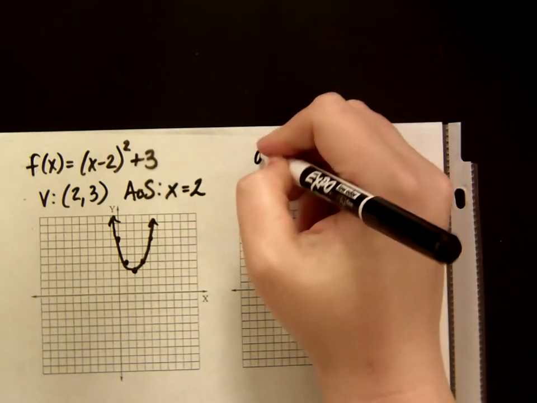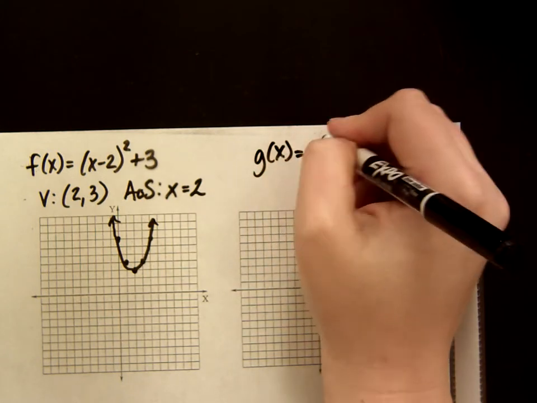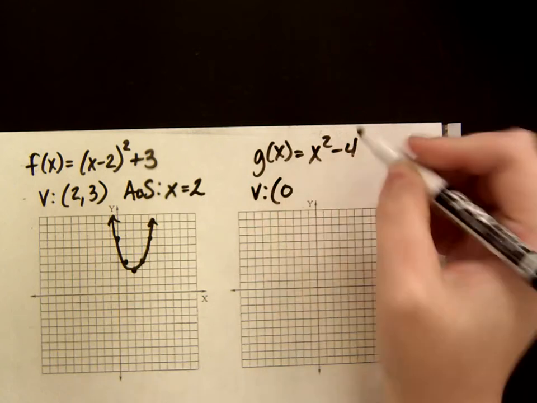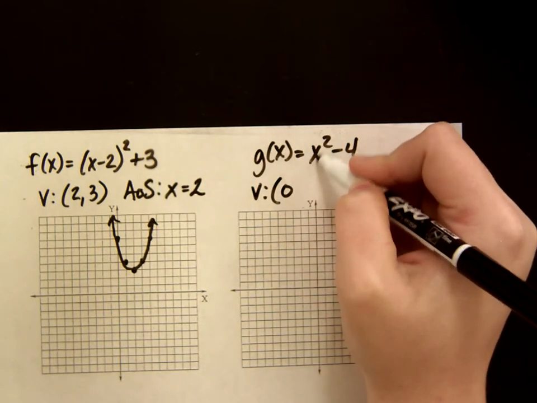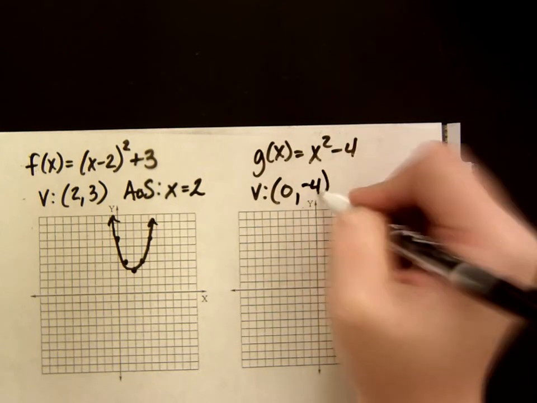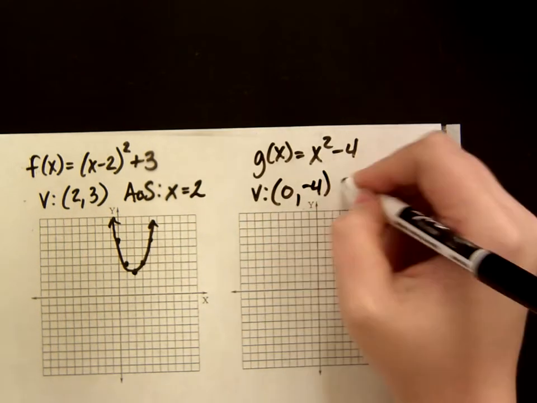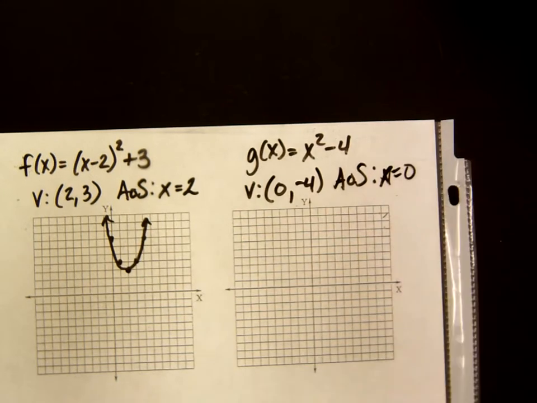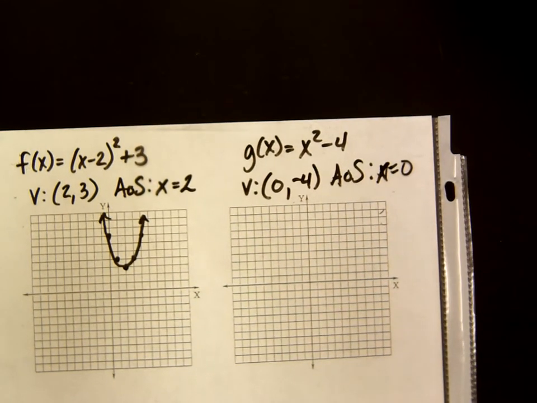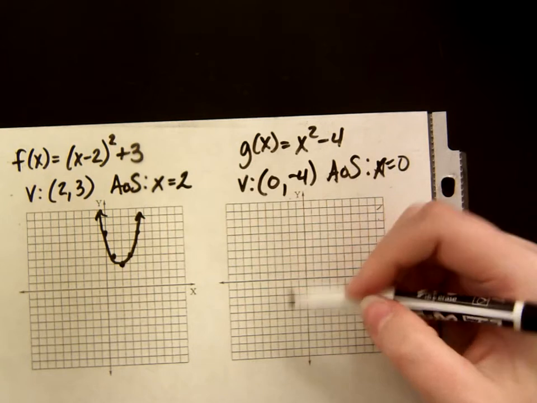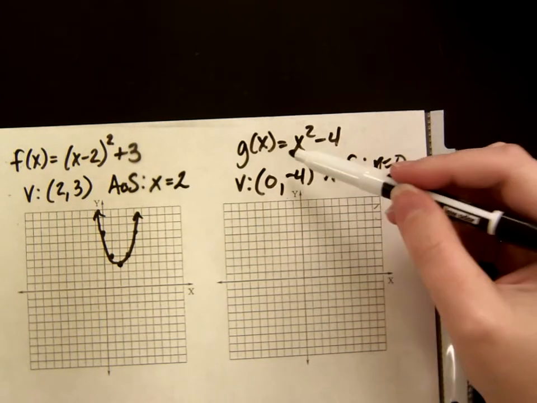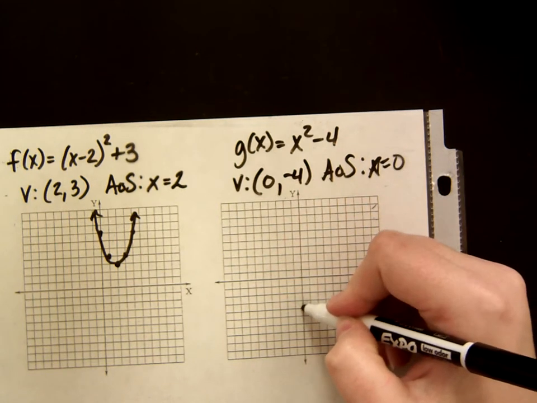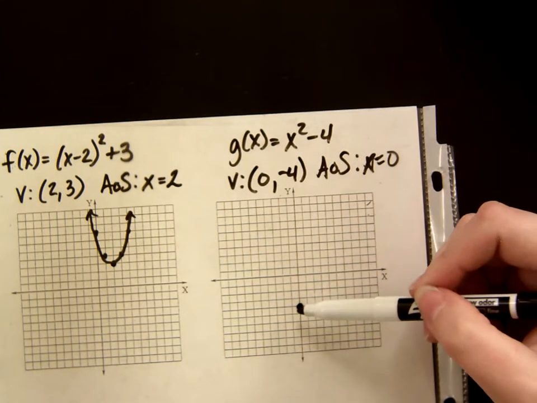Okay. If I had g of x equals x squared minus 4, I can tell by looking that my vertex is 0 because there's nothing with the x squared on the inside, minus 4 for the y value, and that the axis of symmetry is x equals 0. So when I go to plot my points, again, you can take a shortcut, but 0, -4 is my vertex.